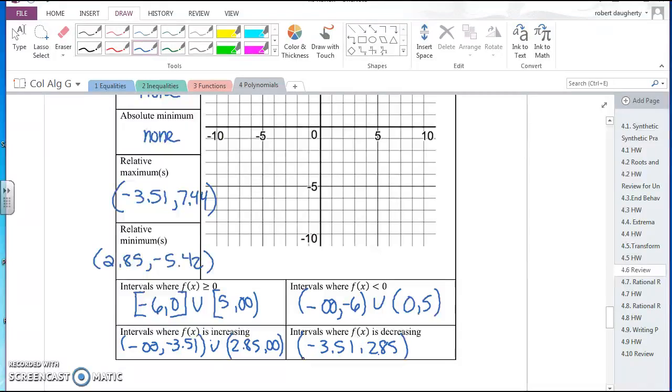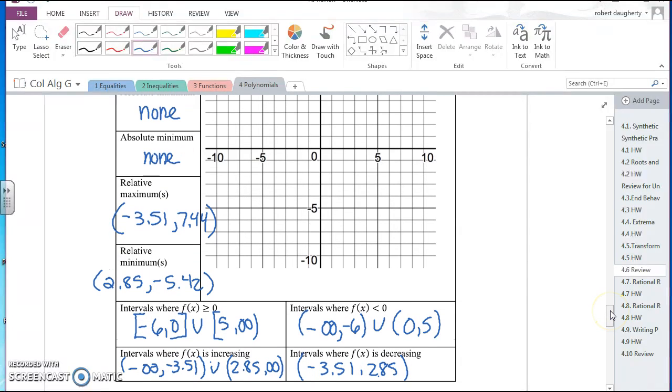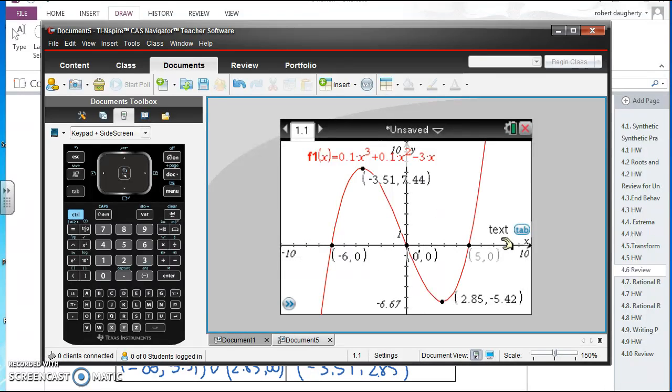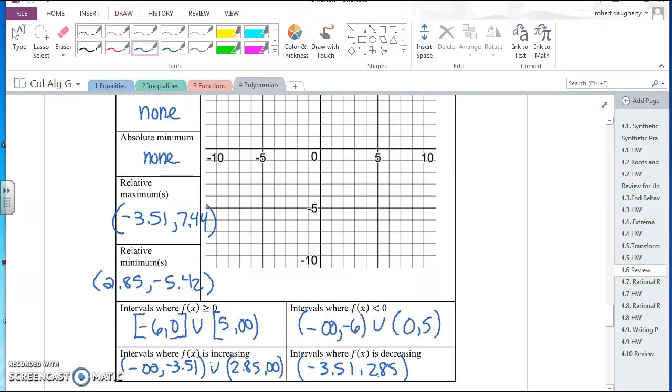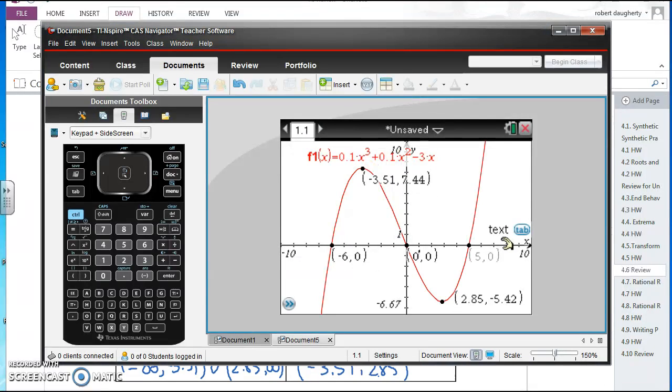Okay? So a lot of information that was there in the graph, and I think it did say sketch the graph. So our graph, remember, let's see, what were the zeros? Negative 6, 0, and 5. And it looks like it went up to about somewhere around 7.5.